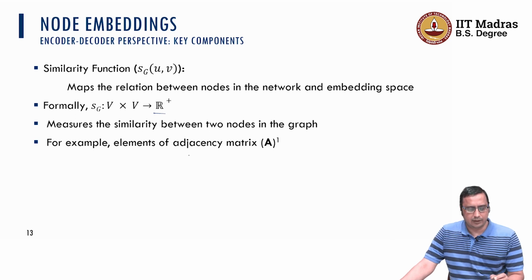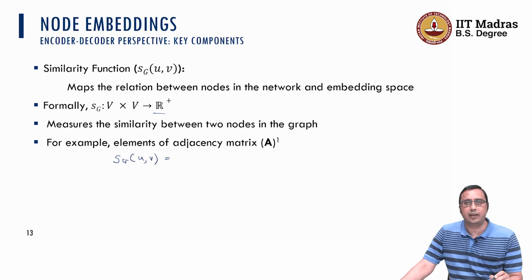A simple example is that elements of the adjacency matrix can be a similarity measure. So the similarity function will take each element between nodes u and v and give us an R plus. So the input here can be two nodes u and v, and the output, depending on whether they are adjacent or not, can be 0 or 1.